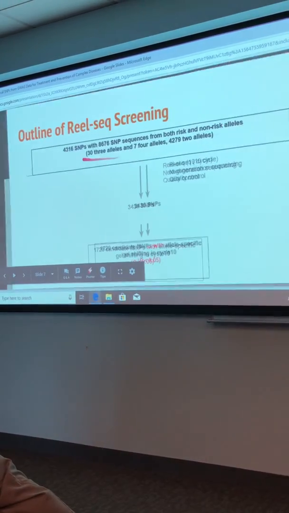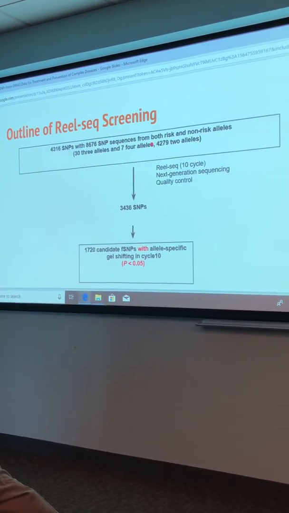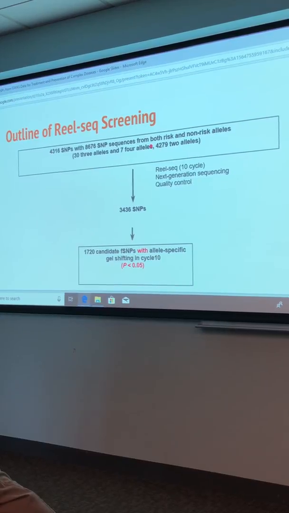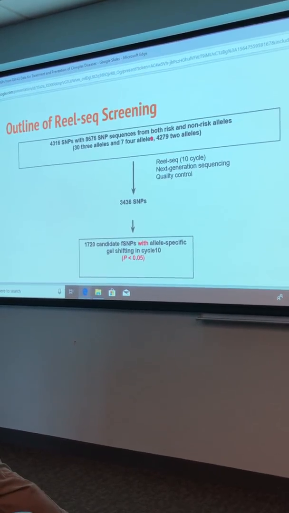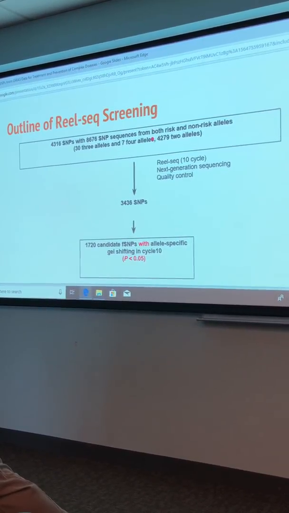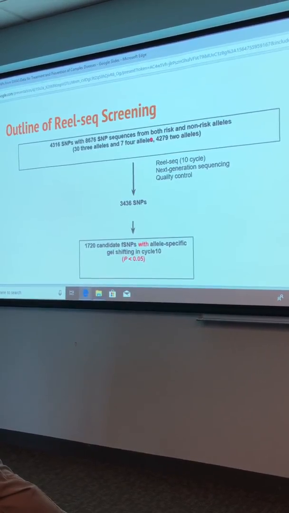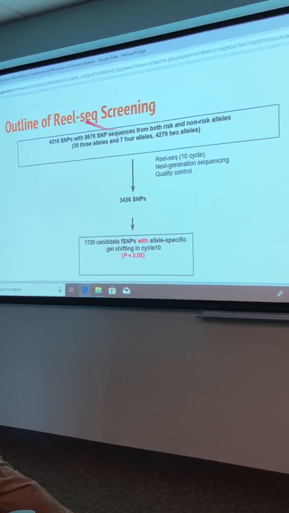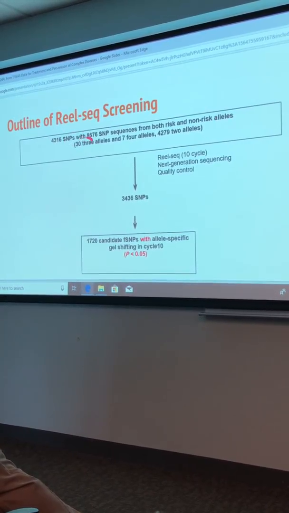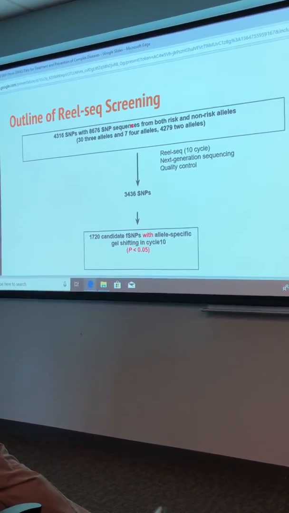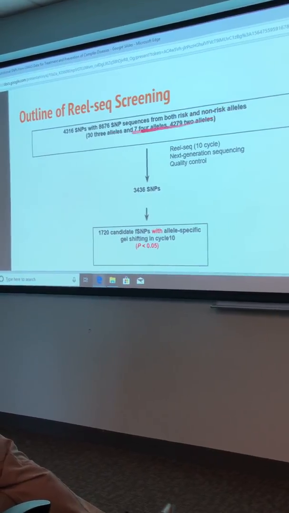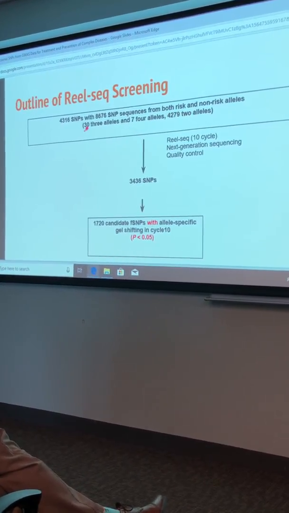So then, this is the outline of the RealSeq screening. The difference between my project and Sayu's project was that with breast cancers, there are a lot more SNPs, as Dr. Lee also mentioned. Sayu's project only had about 800 SNPs. There are 4,316 SNPs with 8,676 SNPs, both risk and non-risk alleles, in the breast cancer.